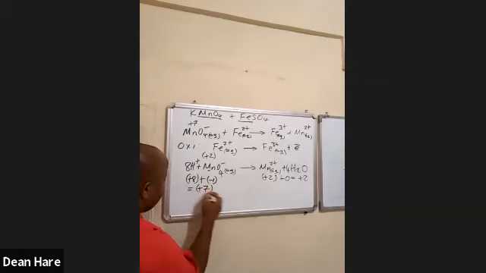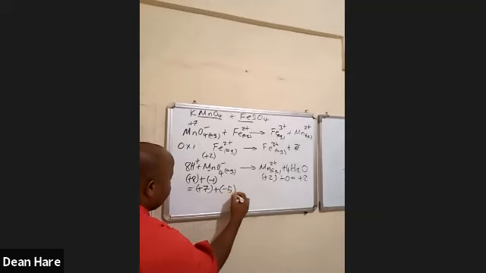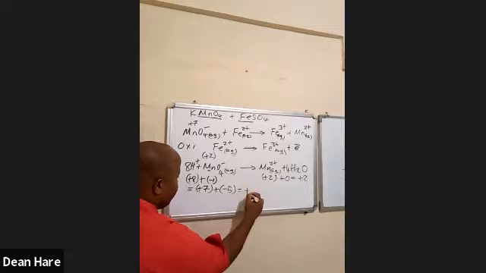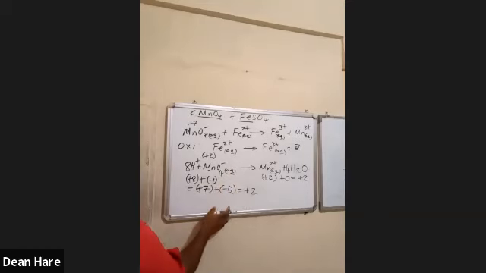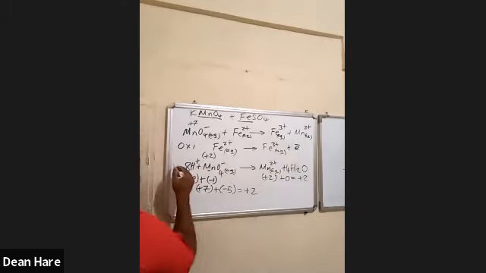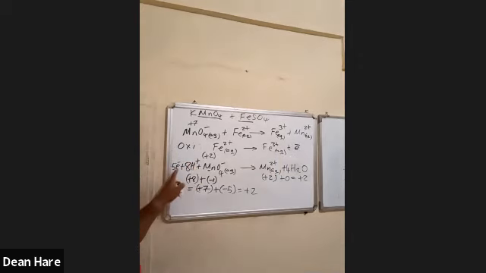Add 5 electrons, because +7 plus -5 will give you +2, right? And the negative charge we're adding is in the form of electrons. And so we will have 5 electrons on this side. All right. So we have balanced both equations.